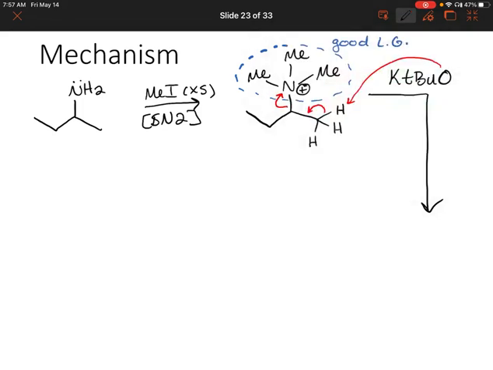So then we get our desired product plus our nitrogen bonded to 3 methyl groups. And then we'll also end up with the tert-butyl alcohol.